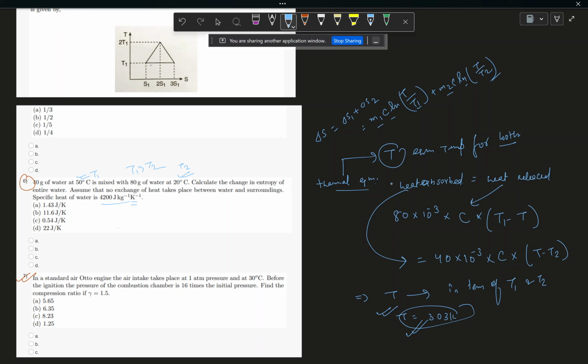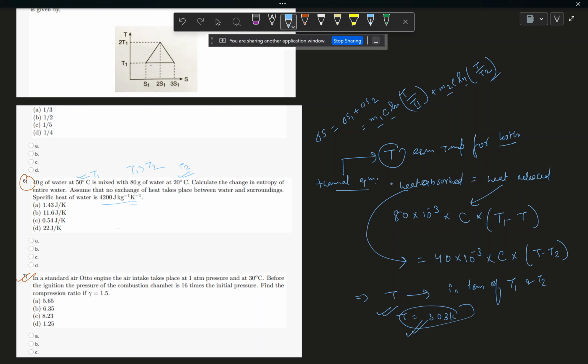Your evaluation of the final temperature after the equilibrium will not be a simple average of T1 and T2 because the masses are different on both sides. Even if you have two different liquids, like one is water and the other is, let's say, some other fluid, then they will have different specific heats C. So C1 and C2 are different, and they also cannot cancel on both sides, and your final temperature will again not be a simple average of T1 and T2.